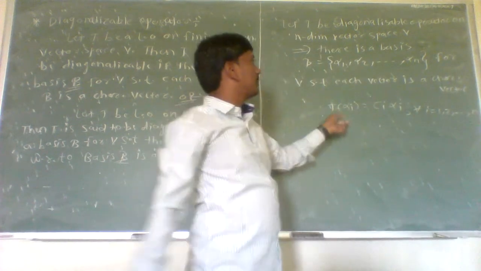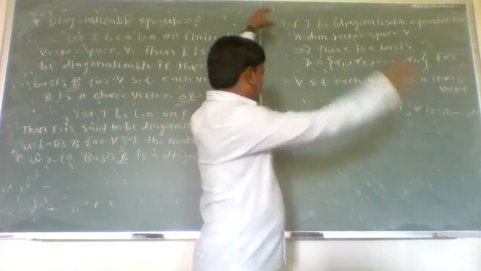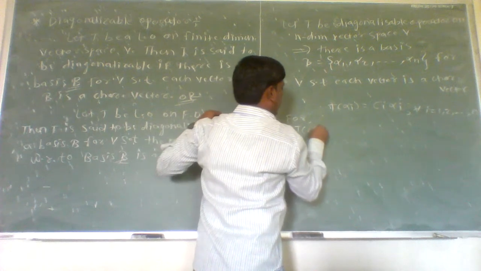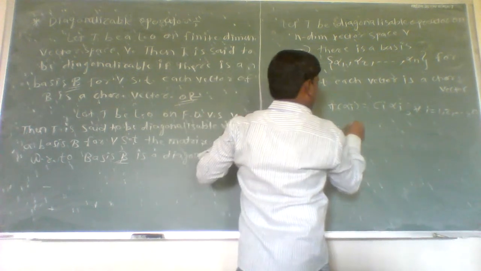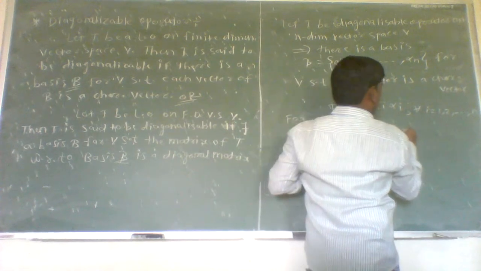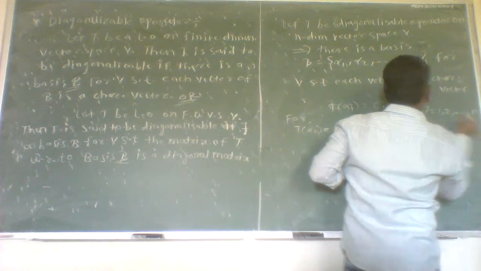Now, T of alpha i equals Ci alpha i, whenever i runs from 1 to n. Let us check. T of alpha 1 is equal to C1 alpha 1, which can be written as C1 alpha 1 plus 0 into alpha 2 plus up to 0 into alpha n.